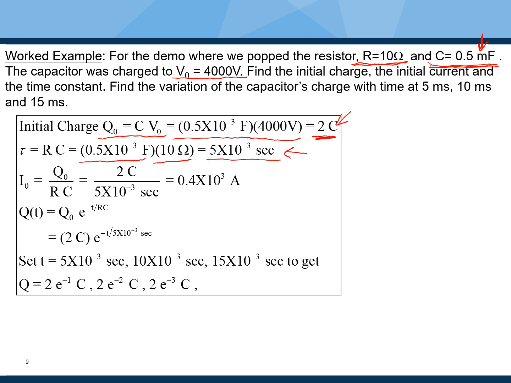This allows us to gauge the initial current in the circuit, and we've already obtained this formula. I0, the initial current in the circuit, is equal to Q0 divided by RC. In other words, the potential across the capacitor is Q0 divided by C. And since this entire potential is initially seen by the resistor, this potential divided by the resistance R gives us the initial current I0 in the circuit.